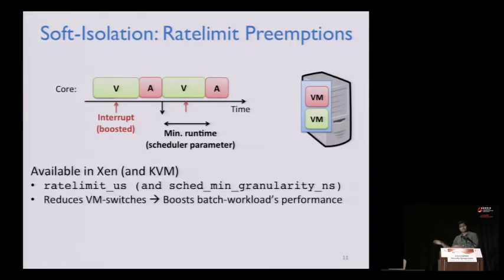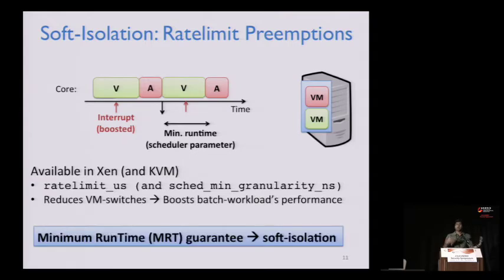And it turns out that Xen and Linux KVM already have such a simple mechanism in them, which was actually introduced as a way to improve performance of batch workloads by reducing the number of context switches. But in this work, we look at how one could use this MRT mechanism to achieve soft isolation.